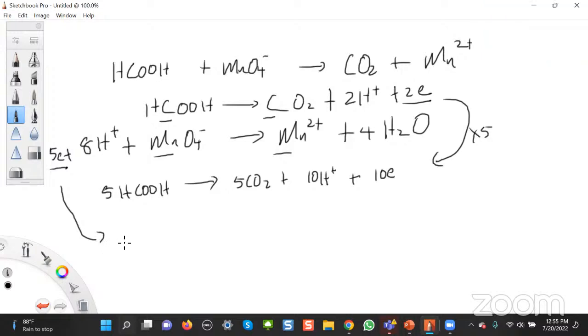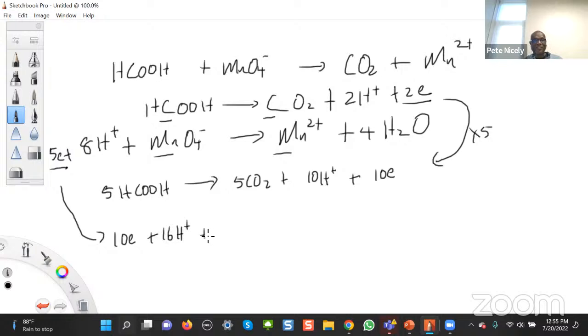Multiply by 2. Multiply by 2, so you're going to end up with 10 electrons plus 16H plus 2 MnO4 minus. So we're multiplying by 2 here. And then on the product side, you're going to have 2 Mn2 plus 8 H2O. All right? Okay, so what next?